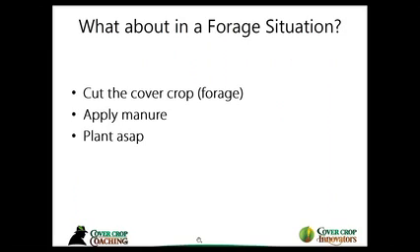And I had to put in here, what about manure application in a forage situation? In other words, the typical thing I'm thinking about here is, for instance, a dairy farm where you'll have your cereal rye or triticale mainly, and you cut that all for forage, and then you go and you apply manure, and then you plant as soon as possible.